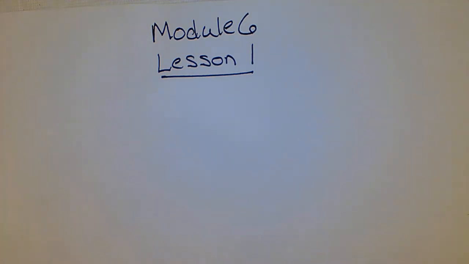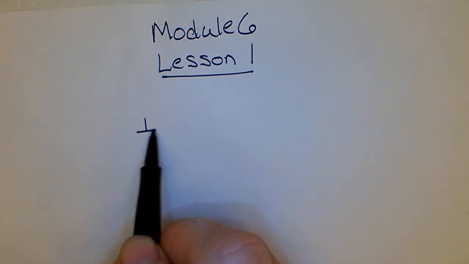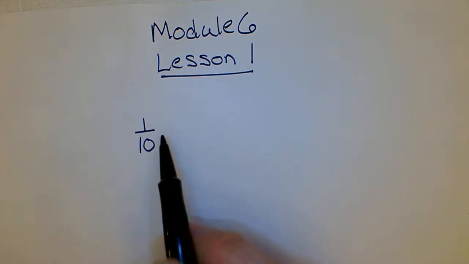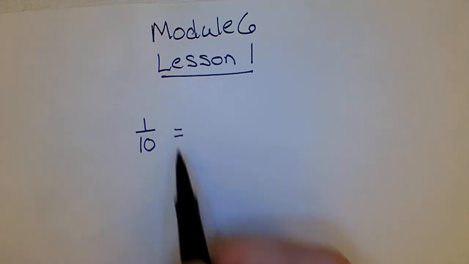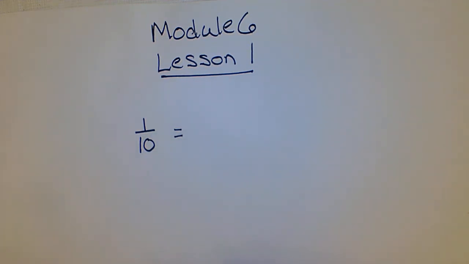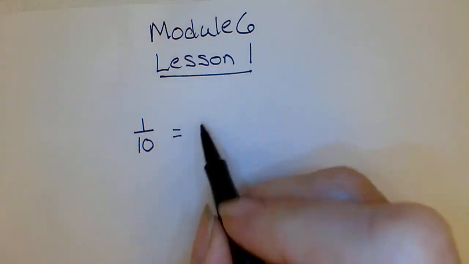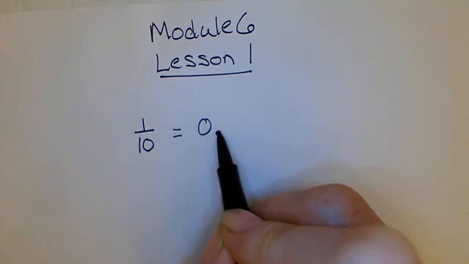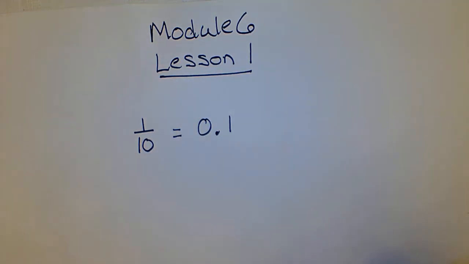So, for example, if I wanted to show 1/10, and we're going to be doing tenths, and I'm going to touch on hundredths, but we're going to be focusing on tenths. If I wanted to show 1/10, the way that I would write that in decimal format would be 0.1.